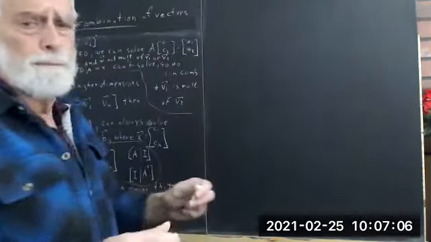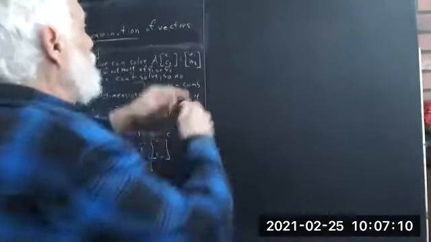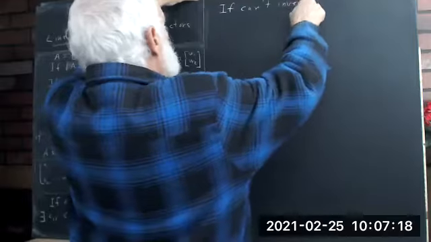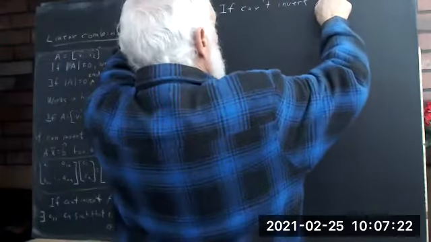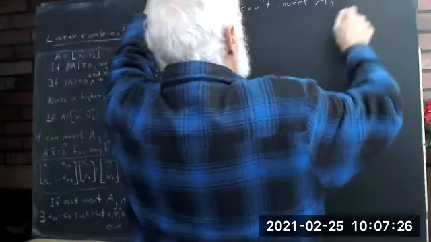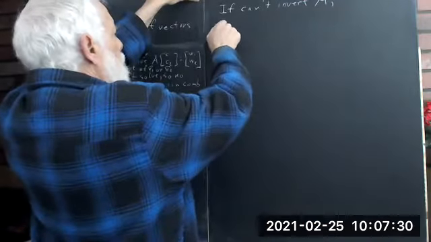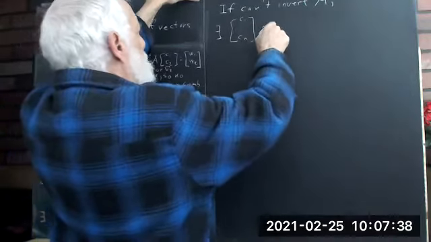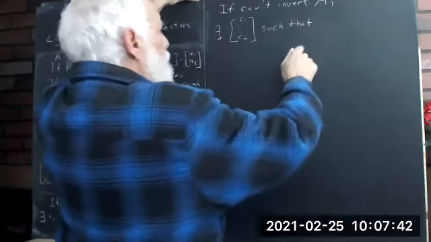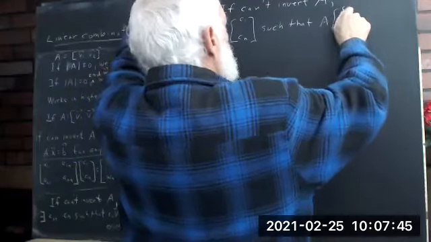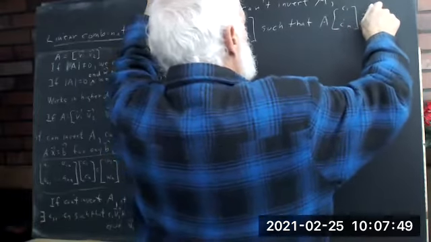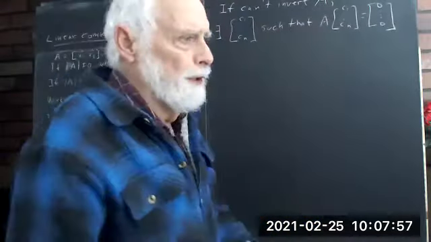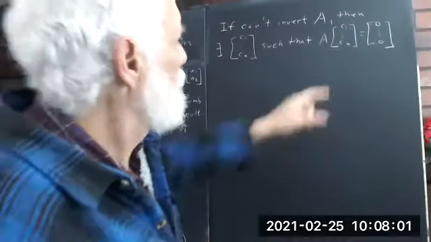Okay, if we can't invert A, we can't invert our A matrix, then there exists a vector C1 through Cn such that the A matrix multiplied by C1 through Cn gives you the 0 vector.